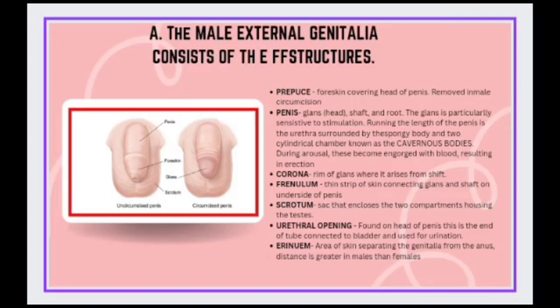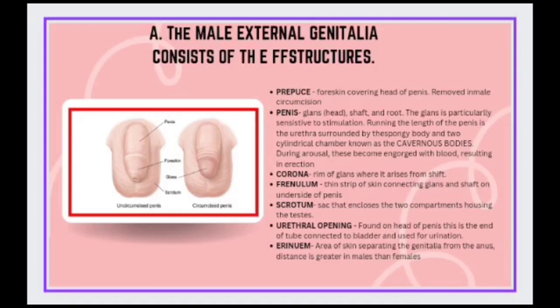Next is the urethral opening, found on the head of the penis. This is the end of the tube connected to the bladder and used for urination. The urethral opening is the final passageway for the flow of urine, a thin-walled tube that conveys urine from the floor of the urinary bladder to the outside.